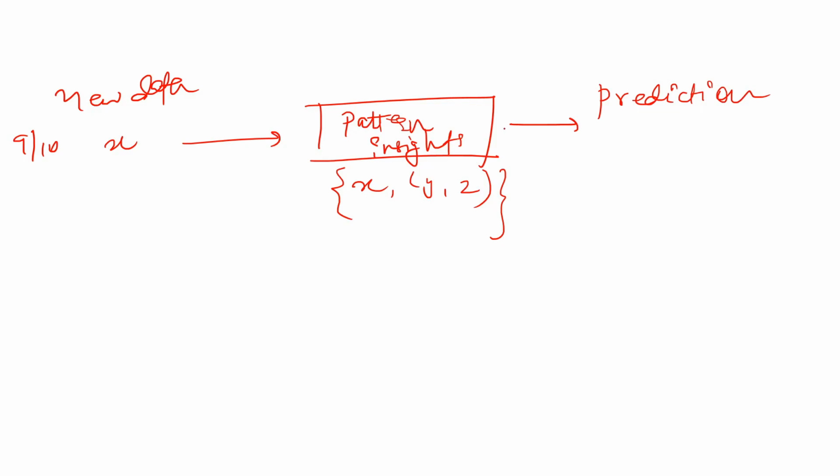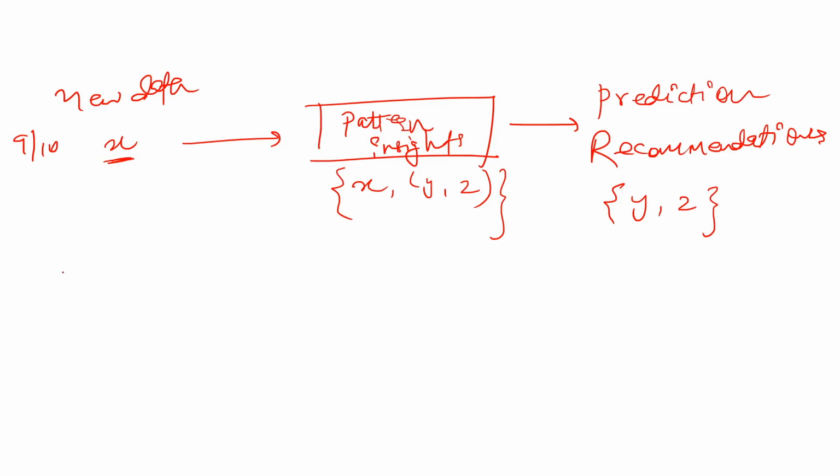The predictions can be recommendations in the case of an e-commerce website. If you are buying product X, we suggest you also buy product Y and product Z, because all the users who have bought product X previously have also bought product Y and product Z alongside. This is how machine learning basically works. I hope this is clear.